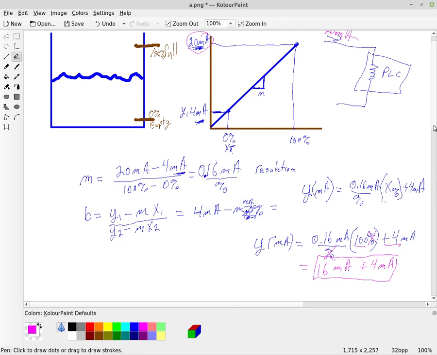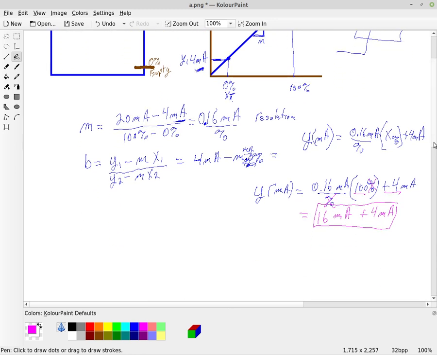Now, if you're going to be putting this into Blackboard, when you do your scaling, I am very picky. I didn't do it right here, but what you want to do is keep 5 significant digits for your scaling equation. For your slope and your intercept, they should be 5 significant digits. So if I was actually going to put this into Blackboard, it would be Y is equal to 0.16000.